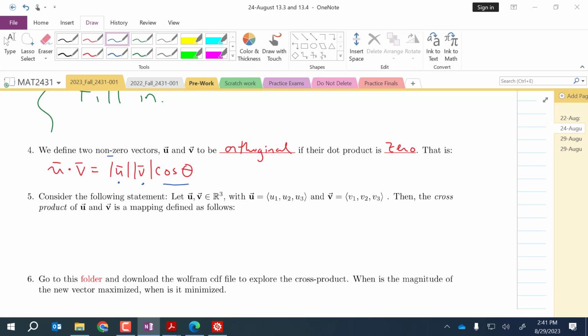For an angle between 0 and 180 degrees, or 0 and pi radians, the only time the cosine of that angle is 0 is if the angle is pi over 2, or 90 degrees. So the only time two vectors are orthogonal is if their dot product is 0. How are we doing? Okay. All right.